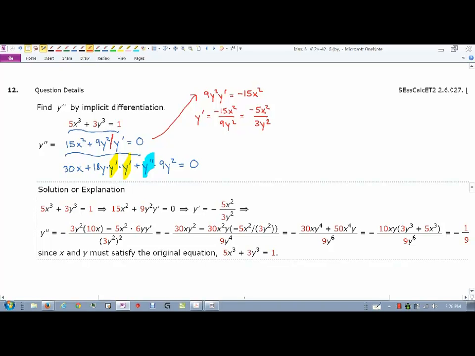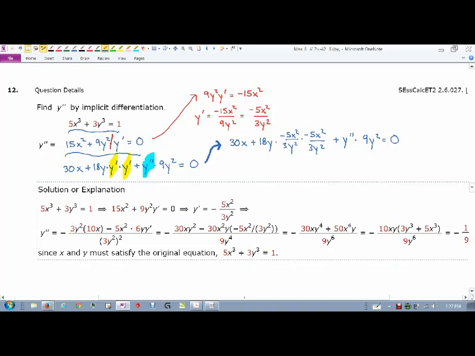This is our derivative. And so now I'm going to rewrite all of this. So this will become 30x plus 18y times y prime, which was negative 5x squared over 3y squared, times that again, negative 5x squared over 3y squared, and then plus y double prime times 9y squared equals 0.